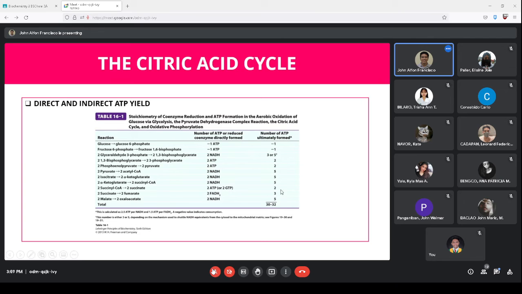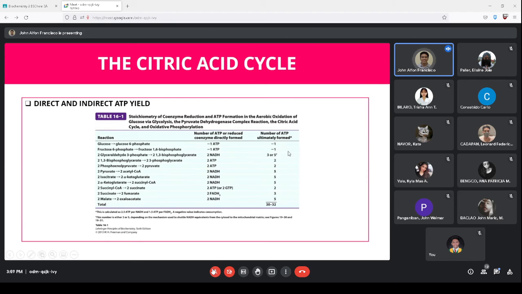So, overall, from glucose to produce your oxaloacetate, carbon dioxide, and NADH, you will be producing 30 to 32 ATP. Labas na dito yung investment mo na negative na 2 ATP.